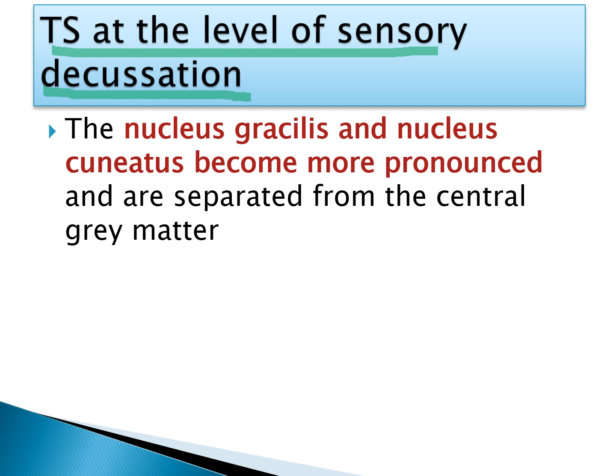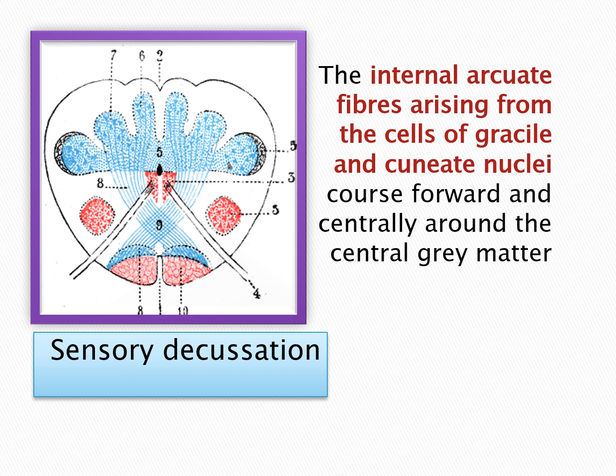That pyramidal decussation is the motor decussation, but we don't tell it as motor. Now this is sensory decussation. The fibers taking part in this are from the nucleus gracilis and nucleus cuneatus. So this is the nucleus gracilis and this is the nucleus cuneatus.